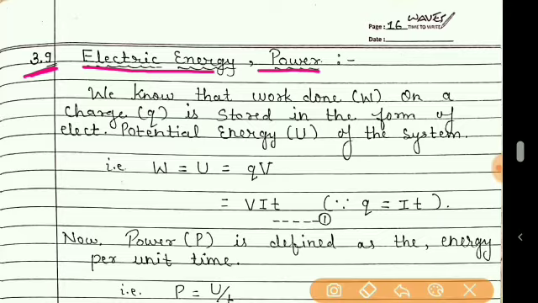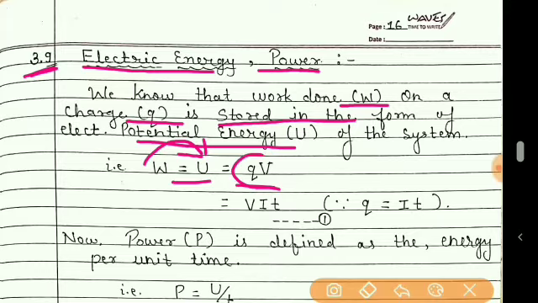Now, we know that the work done per unit charge is stored in the form of electric potential energy. This concept we have already studied in our previous lecture of chapter number 2, and we have this formula U is equal to Q into V. So work done is stored in the form of potential energy, and that is given by Q into V. But what is Q?